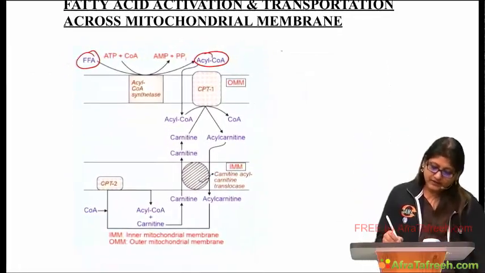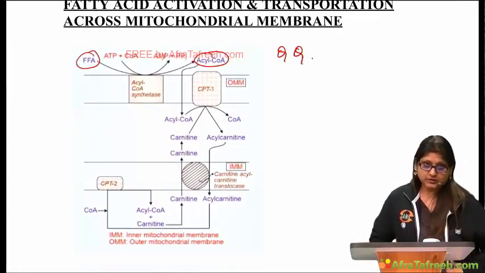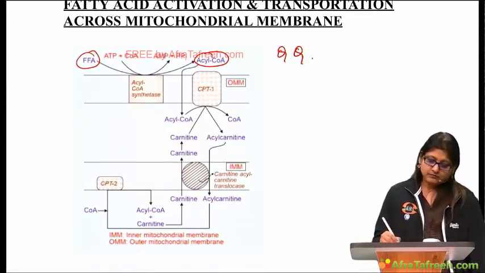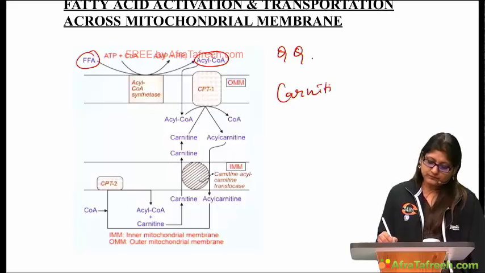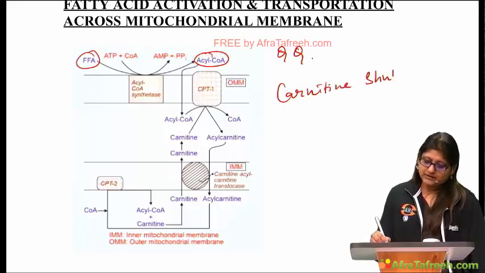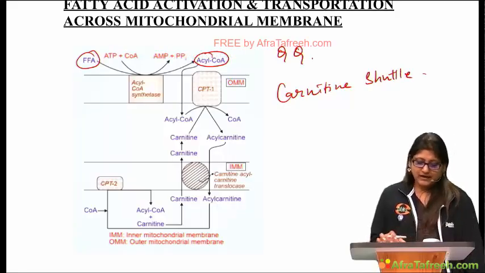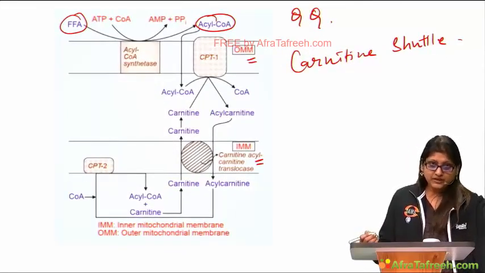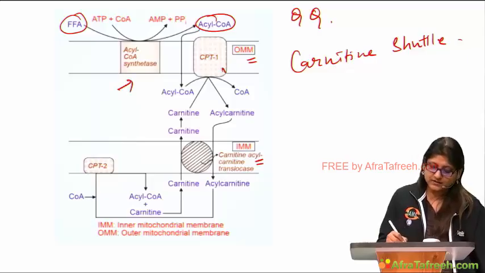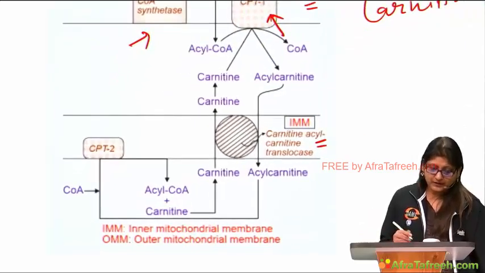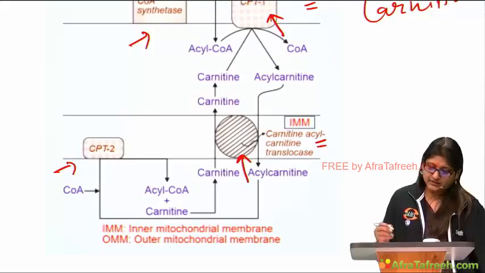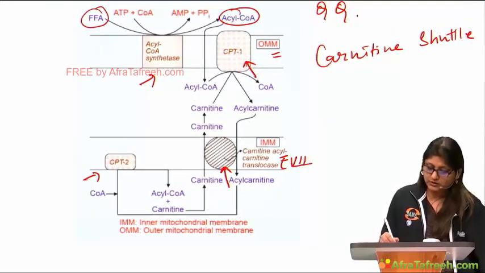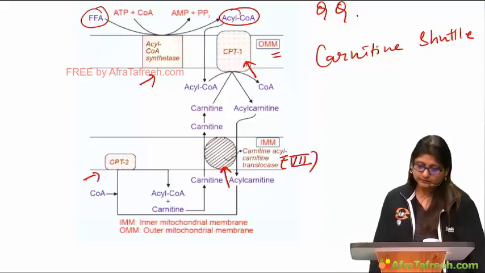This is a very, very important picture which is talking to you about the carnitine shuttle. You need to remember this. Revise it one day before exam. Carnitine shuttle: outer membrane of mitochondria, inner membrane of mitochondria. 2 components at outer, acyl-CoA synthetase and CPT1. 2 components at inner, CPT2 and carnitine acylcarnitine translocase, which is an enzyme belonging to class 7 of enzyme classification.